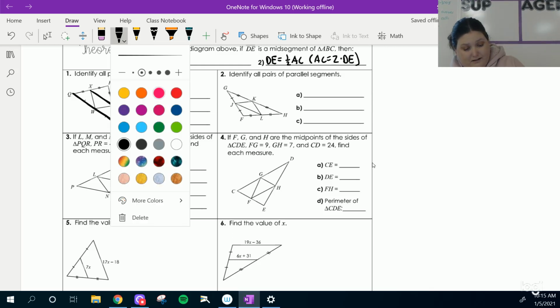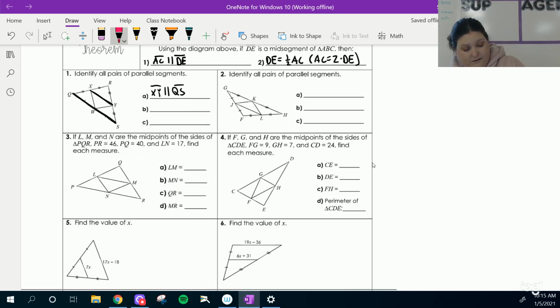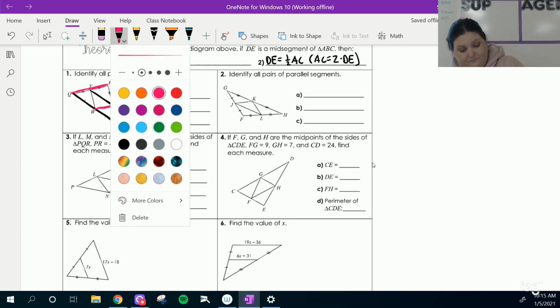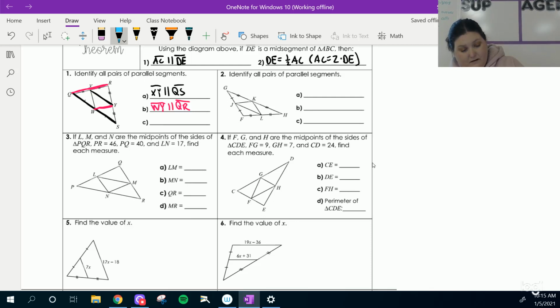Let me change my color here. WY is parallel to QR. And WX is parallel to SR.